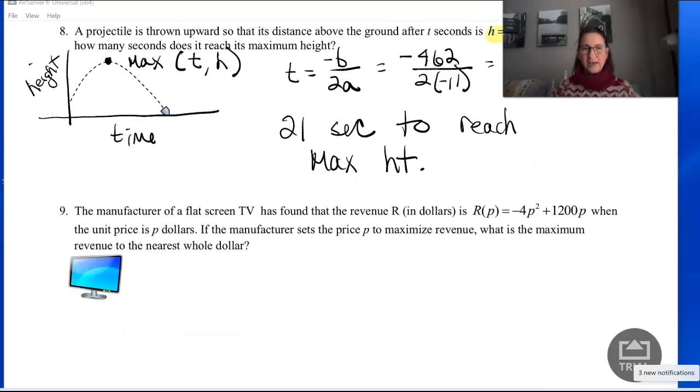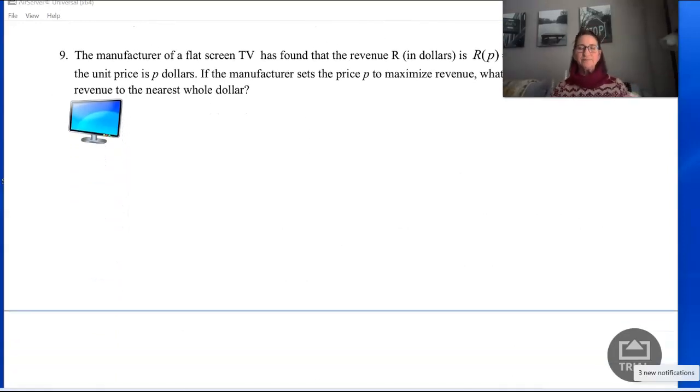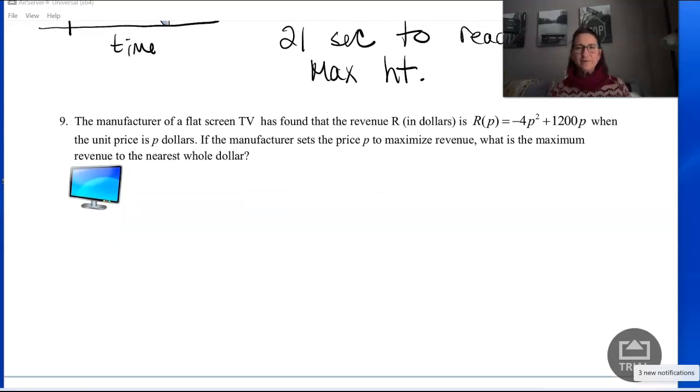All right, let's look at a business application. So the manufacturer of a flat screen TV has found that revenue in terms of dollars can be modeled with this quadratic.